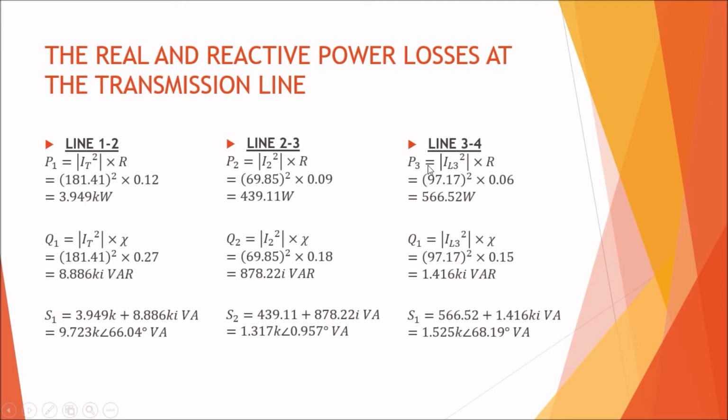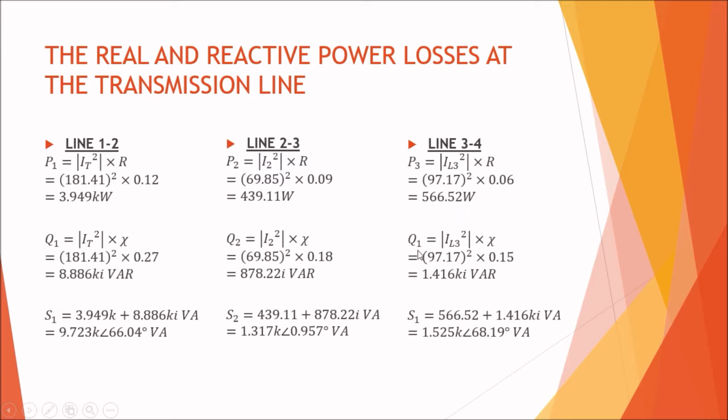For line 3-4, the value of current is 97.17 square, and then we multiply it with 0.06, and we get 566.52 watt.